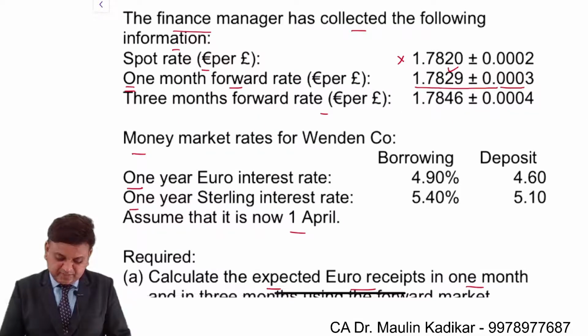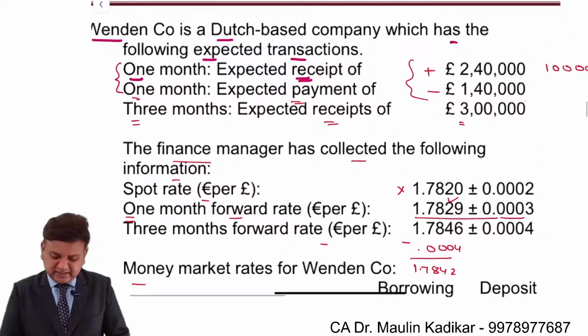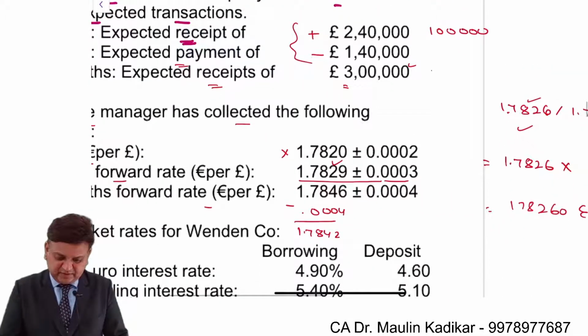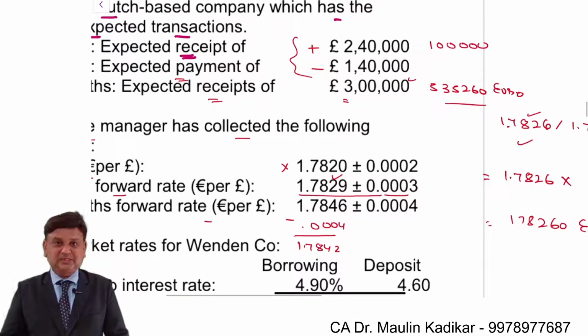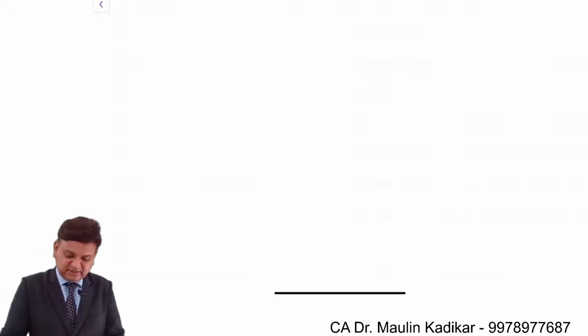So it is 1.7846 minus 0.0004, that is 1.7842, multiplied by 3 lakhs. So 3 lakhs into 1.7842 comes to 5,35,260 euro. This is the amount of euro that you are going to receive. So this is the right answer for question A.